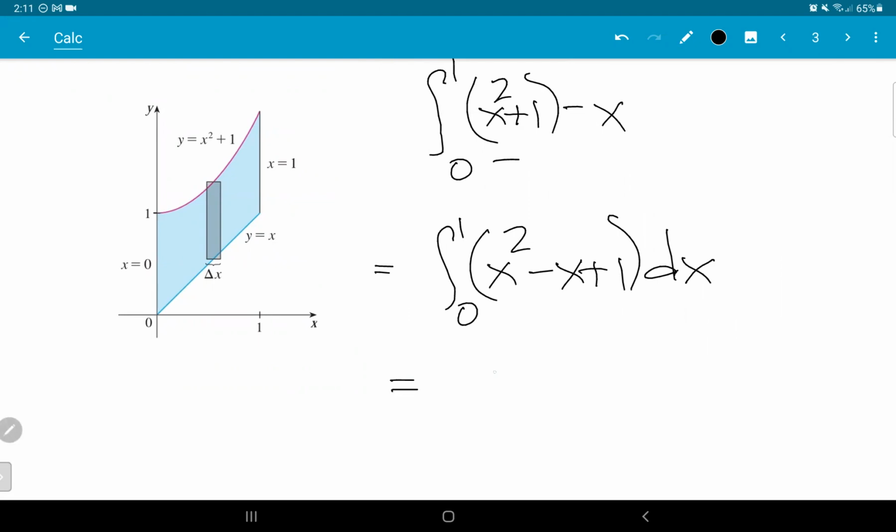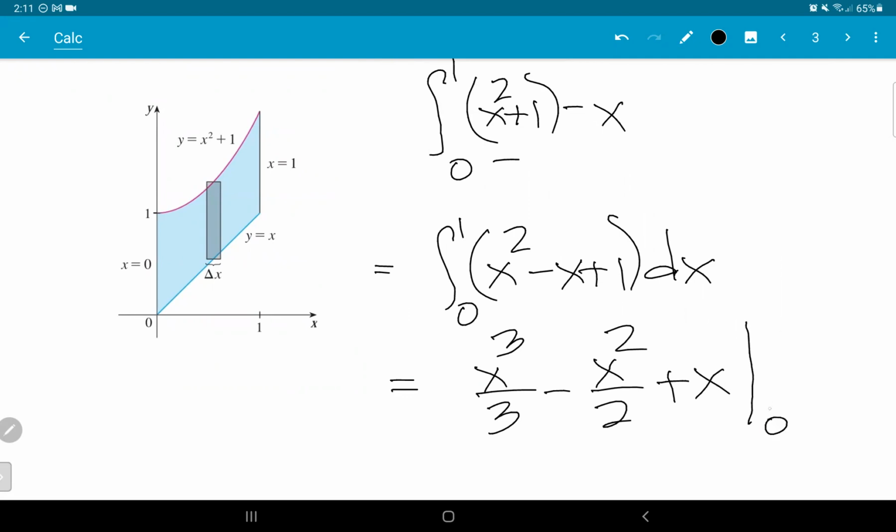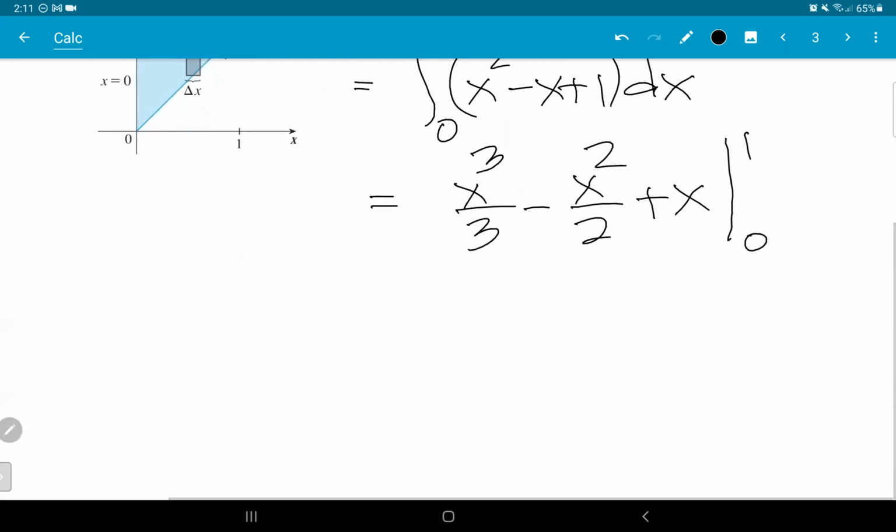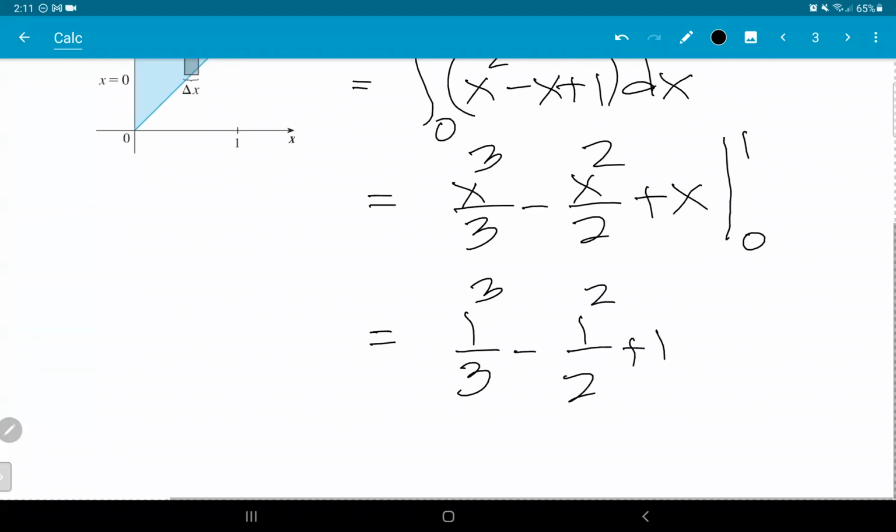So we have x cubed over 3 minus x squared over 2 plus x. Then we put a bar, and then the lower and upper limits. We substitute the upper limit first. So we plug in 1. And then we plug in 0.